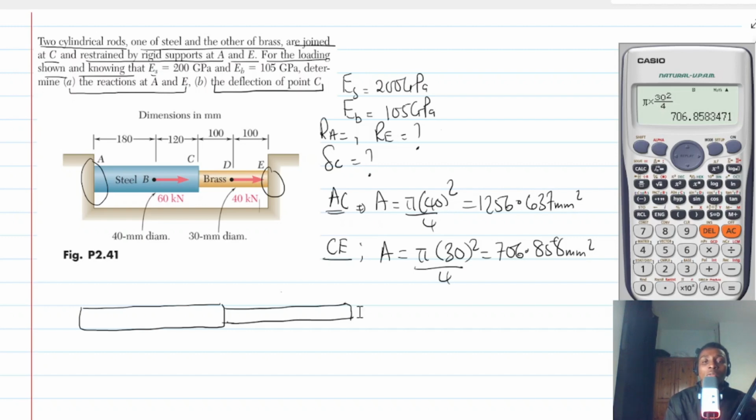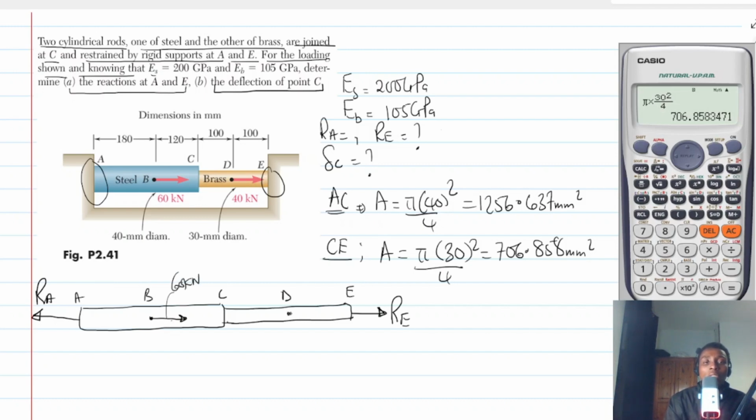So let's call the reaction at this support R_E, and the reaction at this support R_A. Now if you look at it carefully, you see that there are some forces acting at B. So we have A, B, C, D, E. So this force is what? 60 kilonewton.